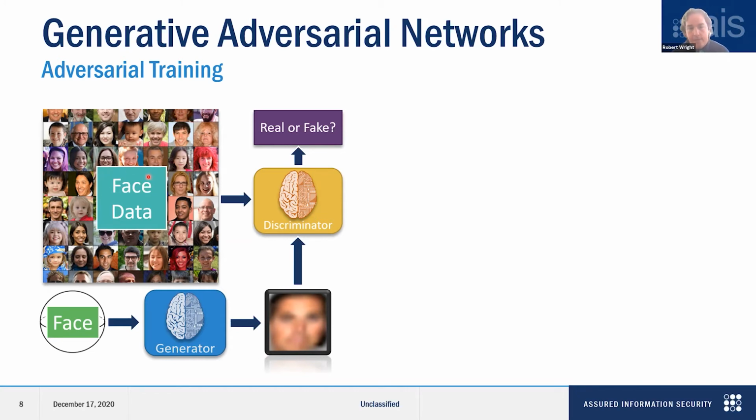So with adversarial learning, what we're going to do is feed the discriminator lots and lots of images of what we're trying to model. And at the same time, we're also going to be feeding it lots and lots of examples of what our generator is saying should fit within this space. So we're going to sample from points in this hypersphere, what should be a face, and our generator is going to imagine what is a face.